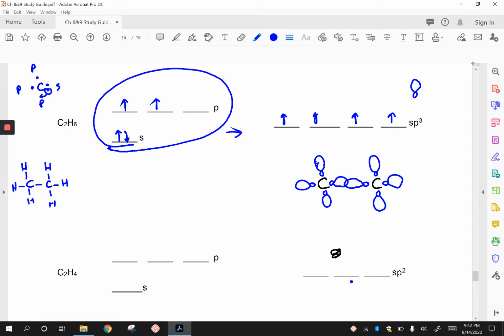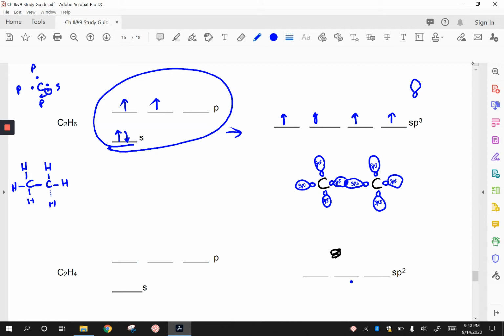I'm going to try to write sp3 in them here. Okay, so we start seeing an overlap right here. There's an overlap that is this bond that we see right here.